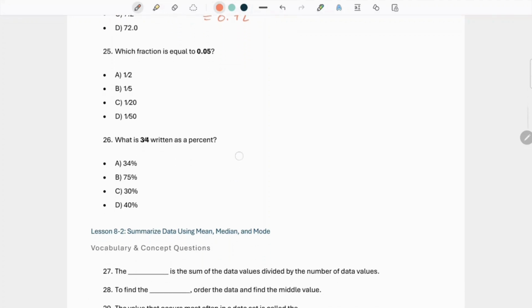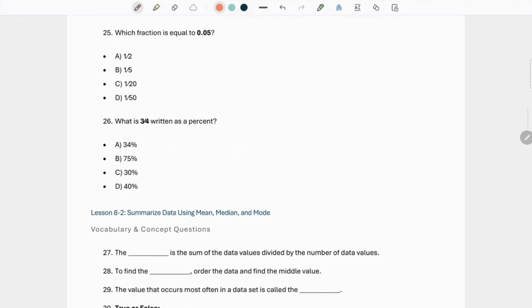Next question, question 25. Which fraction is equivalent to 0.05? Now, if we look at the 5, it's in the hundredths column, so we could say 5 hundredths.